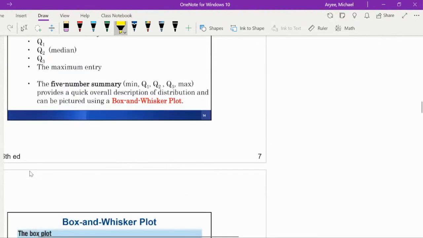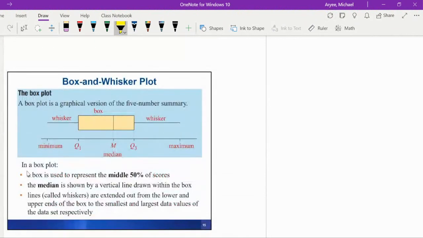Now the five number summary can also be used to display on a graph that we call the box and whisker plot. The whiskers are like cat whiskers. Usually we have two whiskers, a lower whisker and an upper whisker. A box plot, by definition, is a graphical version of the five number summary: the minimum, Q1, the median, Q3, and the maximum.